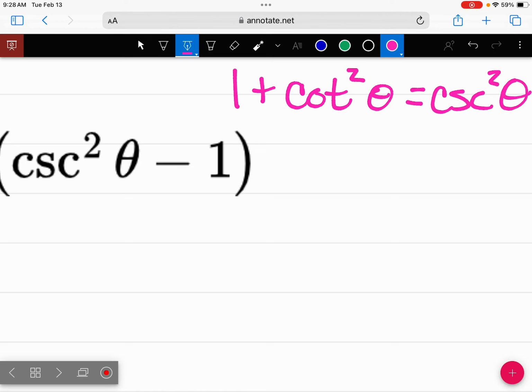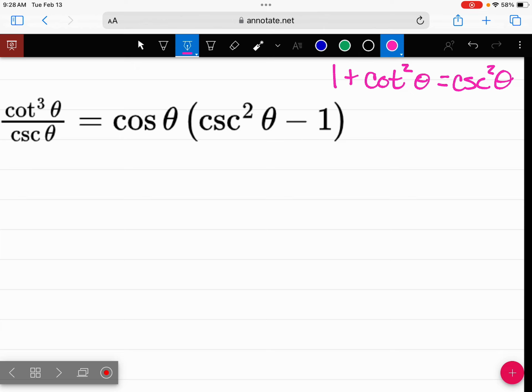So I see cotangents and I see cosecants. And so I'm going to toss this one up there to help me remember. So I'm probably going to work with the right-hand side because honestly, I don't see much to do over here, whereas this one has things I see that we can do.